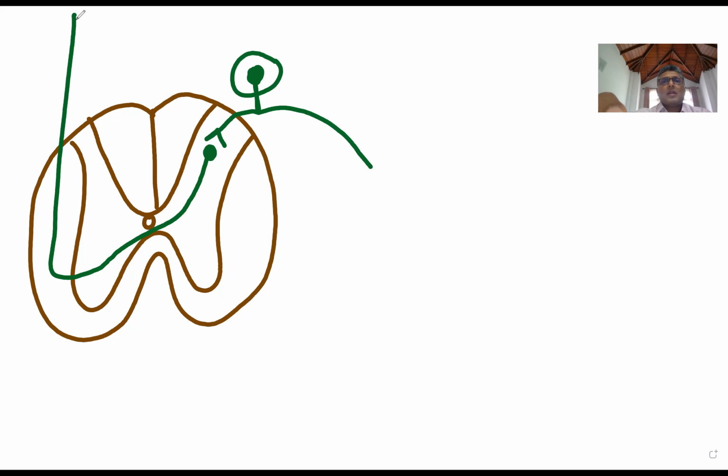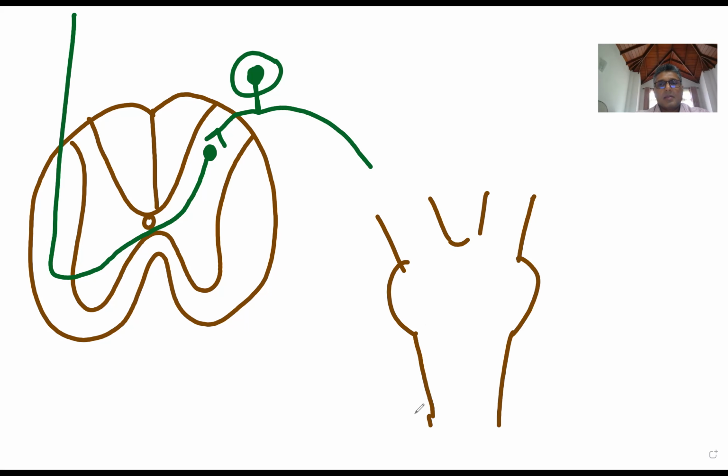Then when it comes to the brain stem, now if this is your midbrain, and if this is your pons, and if this is your medulla, a simple diagram, again the sensory component of cranial nerves, they also come in like that and having the cell body, first order neuron cell body outside the central nervous system and comes into the brainstem like that.